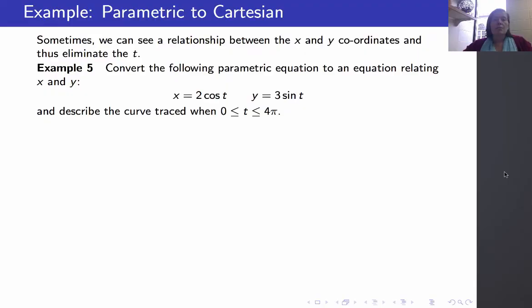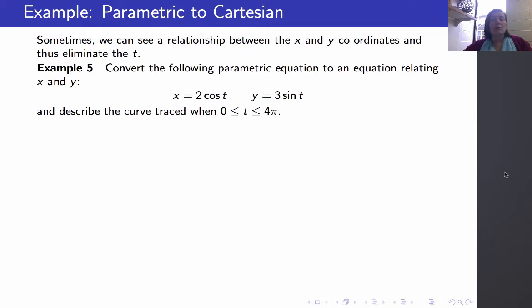Here's another example, and again there's no sure and fast method of converting your parametric equations to an equation relating x and y, but sometimes you can recognize that some equation holds.